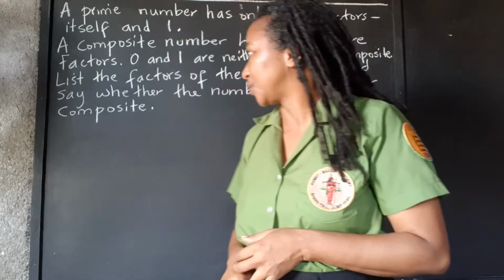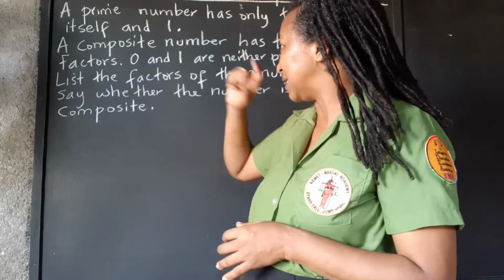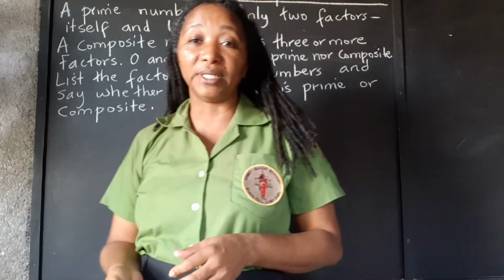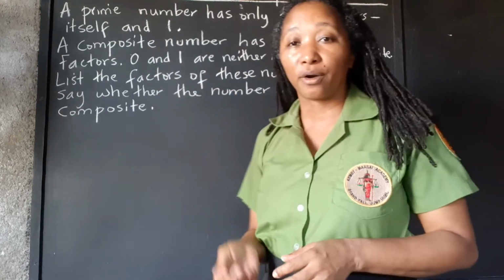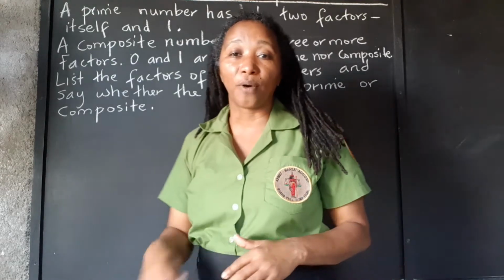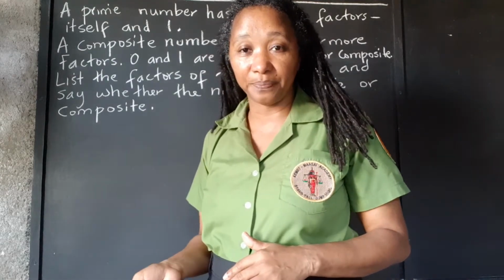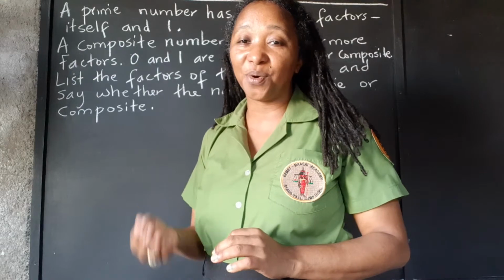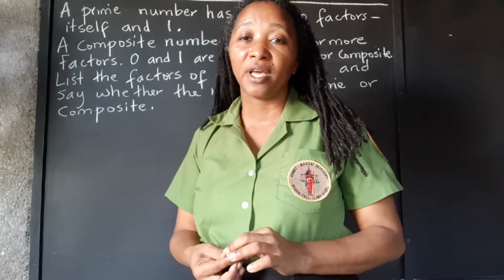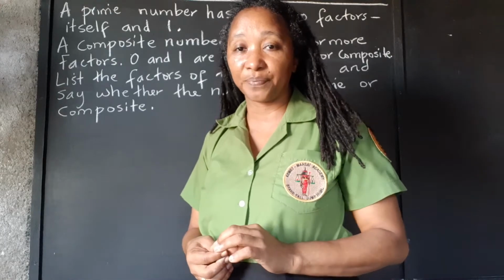So what we're going to do, the instruction says, list the factors of these numbers and say whether the numbers are prime or composite. So I'm going to put a list of numbers. We're going to list the factors of them. Again, if you don't know how to find the factors of a number, just go and watch the video on factors.